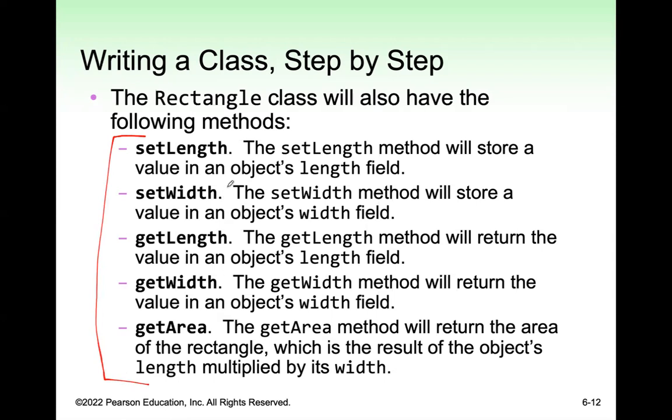As I told you before, just a little recap, we usually create our variables that belong to an object with an access specifier of private. What that means is nobody outside of our class will be able to access those variables, because we do not want some program to access those variables by mistake and change them when we don't want them to be changed.